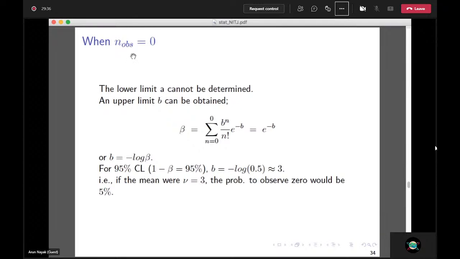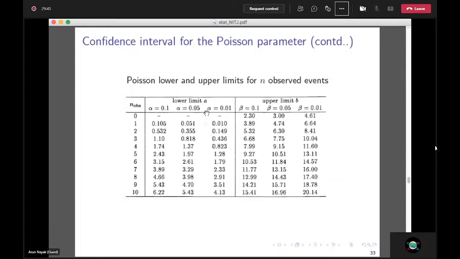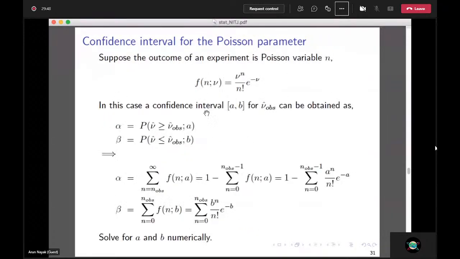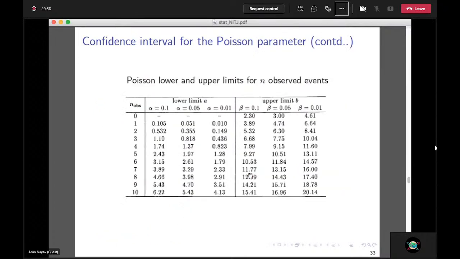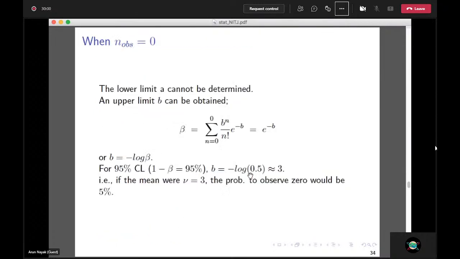Now let's see. Suppose n observed is 0. So we did some experiment and we got 0 events. In that case, what happens? In this equation you can see that we cannot calculate the lower limit because you cannot compute this sum. So what we will get is the upper limit beta. Okay, so the beta will be from n equal to 0, this, which is basically e to the minus b, and from that you can say b is minus log beta.